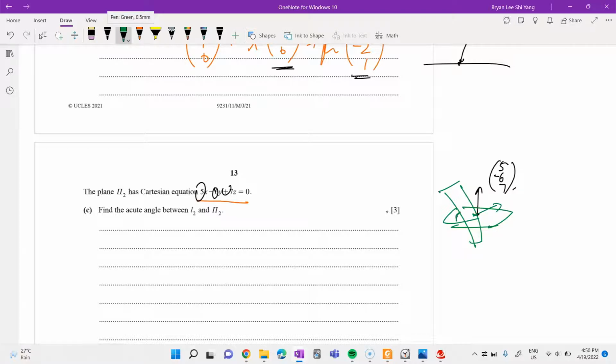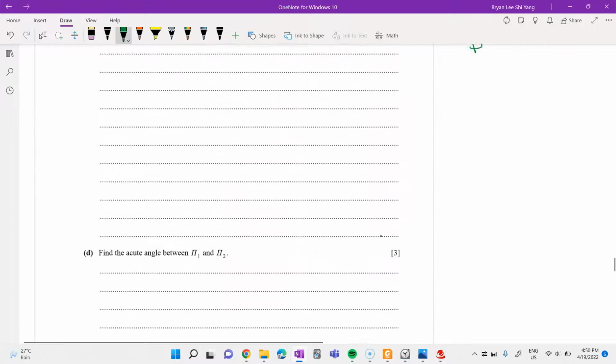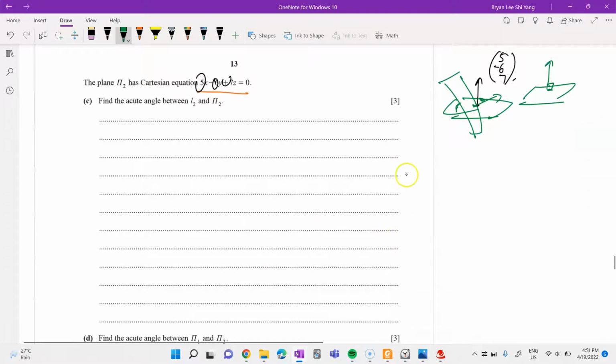So this angle is actually just equal to this angle, because your normal vector is basically perpendicular to your plane. So you're rotating everything by 90 degrees, and the rotations effectively cancel each other out. Okay, I get what's going on.